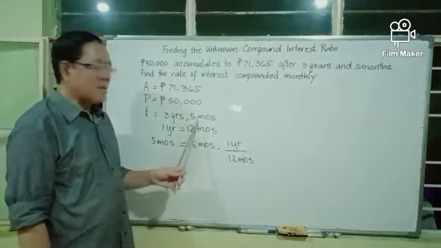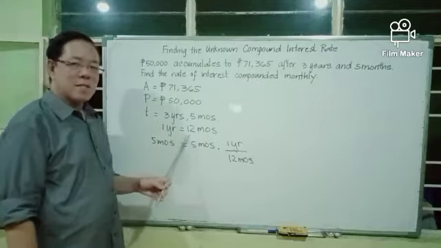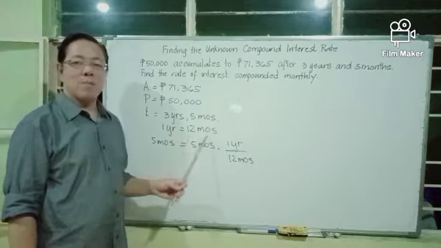To convert 5 months to year, we make use of these equivalent times. 1 year is equal to 12 months.